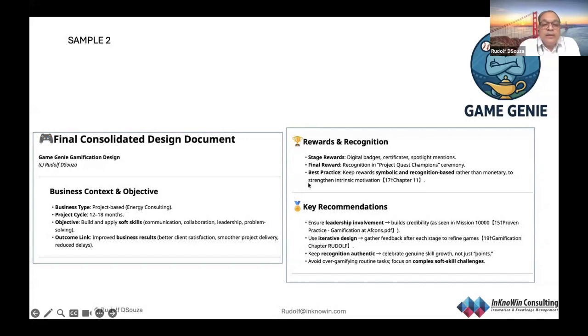Notice carefully, I had asked it to put copyright Rudolf D'Souza, and it had also given where it had taken the sources from. So if you see the key recommendations, there are certain sources mentioned there, like chapter 7, chapter 11, and so on. So this was the entire design that it had given.